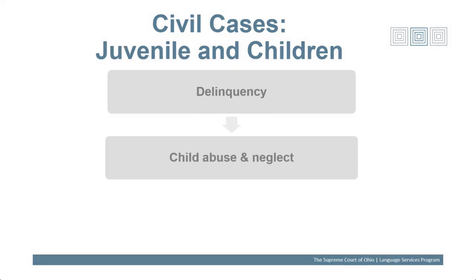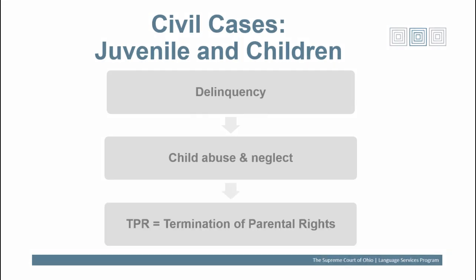Child abuse and neglect, cases involving children who are victims of child abuse or neglect, includes even unborn children. TPR, or termination of parental rights, cases where the courts seek to end a parent's right to a child permanently because the parent is unable or unwilling to take care of the child.